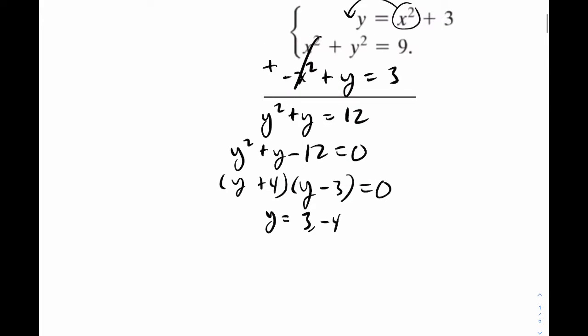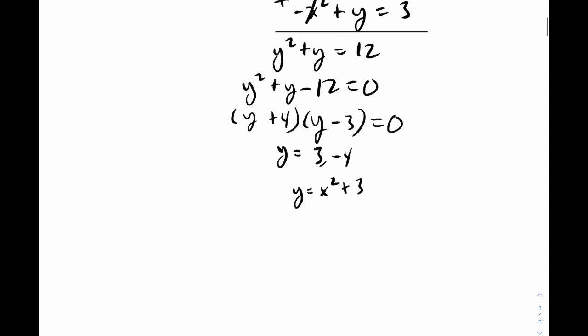Now again, I'm going to look at this equation right here, because that's going to be very helpful. I have y is equal to x squared plus 3. I'm going to draw a bar. So if y equals 3, that would be 3 equals x squared plus 3.